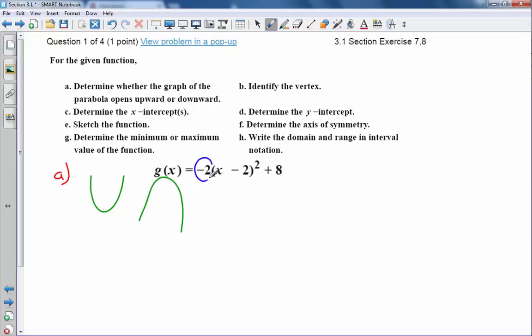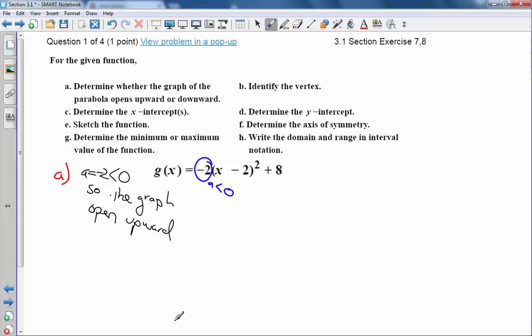A is negative, so it implies upside down. So it's this choice. A is -2, less than 0, so the graph opens upward. Okay?